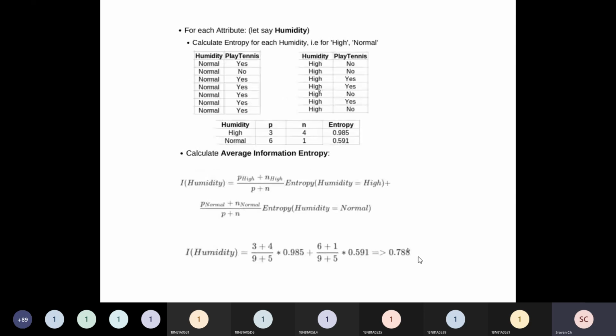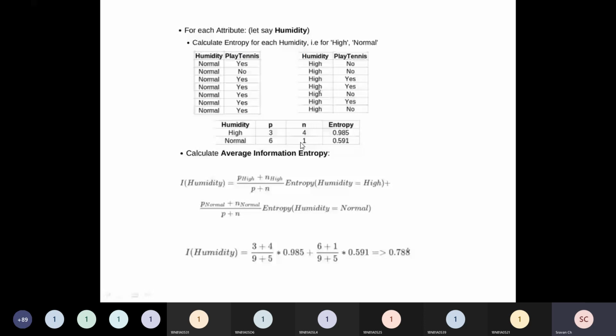Now coming to the third parameter. In humidity, we have only two possible values. Humidity is normal, humidity is high. So I got two subsets. Now if you look at this first subset, 7 records are there, out of which 6 are positive examples, 1 is negative example.